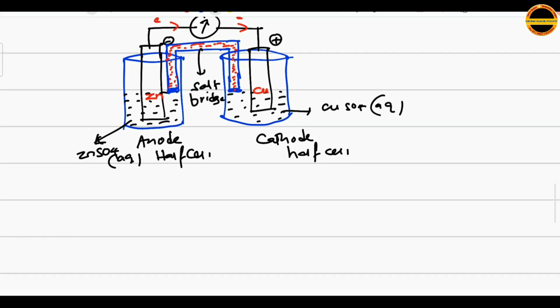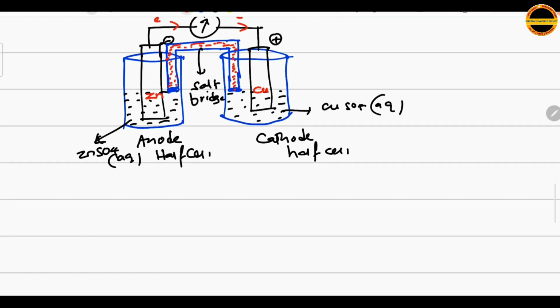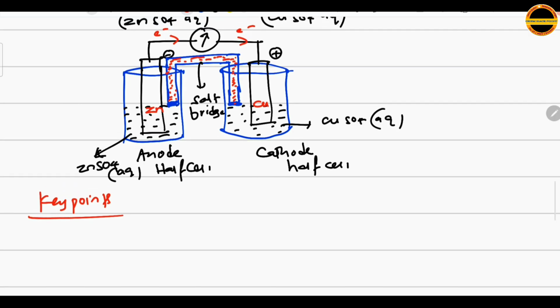Now you see some key points, you write here, which are useful for us. Key points about electrochemical cell or Daniell cell. At anode, zinc undergoes oxidation and forms Zn2+ and 2 electrons.